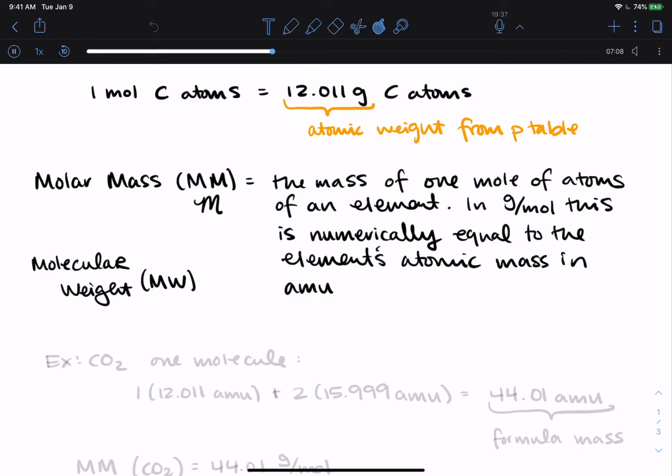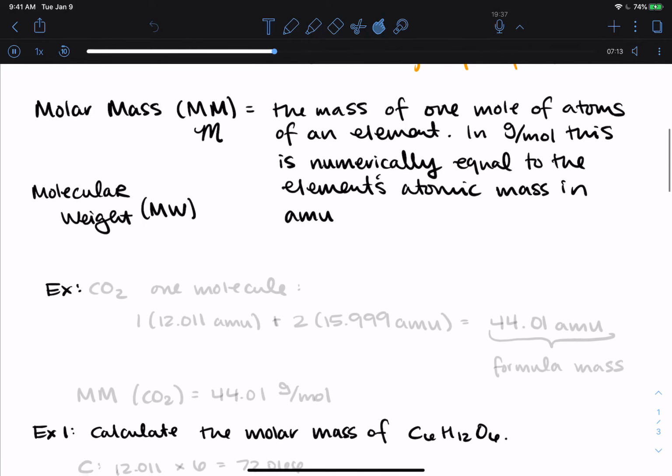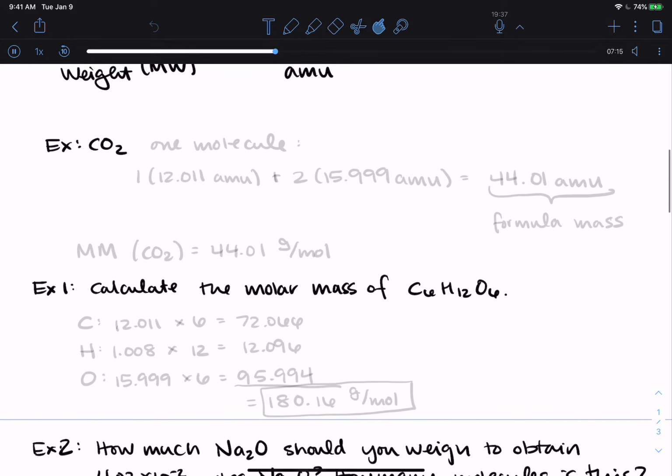So if you expand this up to looking at an entire molecule, let's look at carbon dioxide as an example. If we had just one molecule, there's 1 carbon in here, which that carbon atom weighs 12.011 AMU, and there are 2 oxygens that weigh 15.999 AMU.